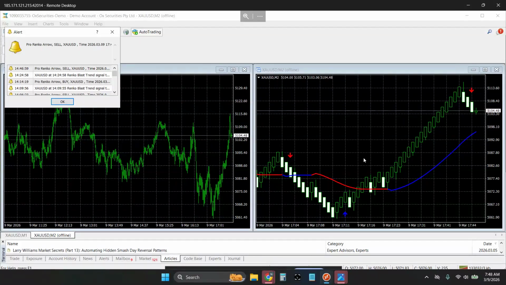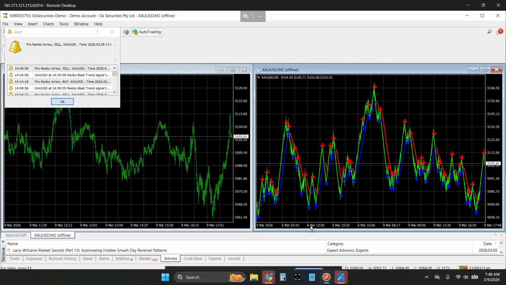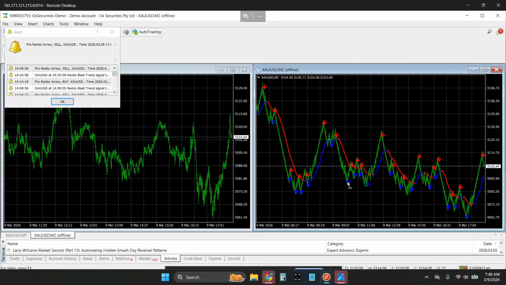Point number 4 that I want to talk about is improved support and resistance clarity. So I think it's a lot easier to see support and resistance levels right here. Like you can see, we've got a clear level down here versus, we also could say that we have maybe a downtrend right here.